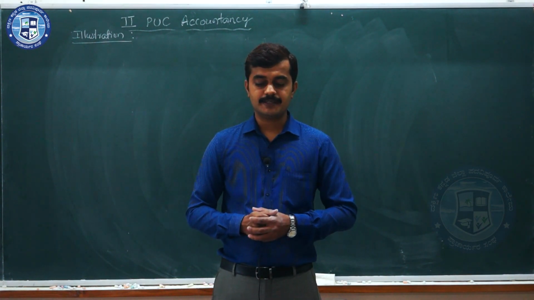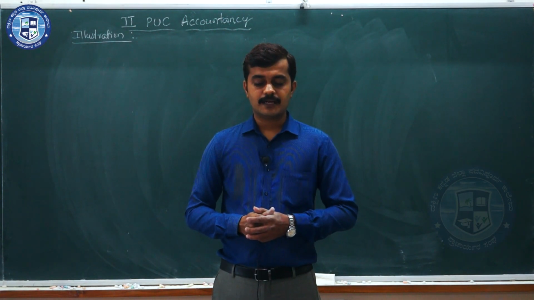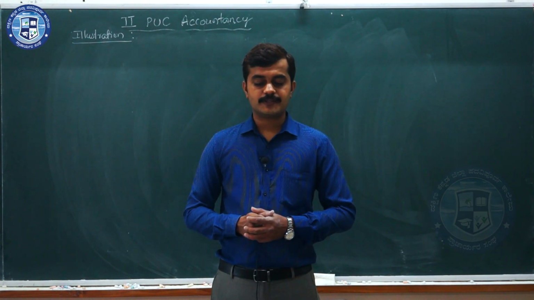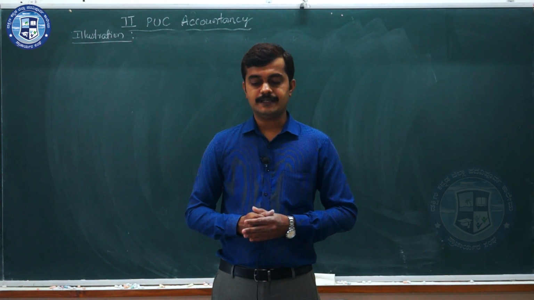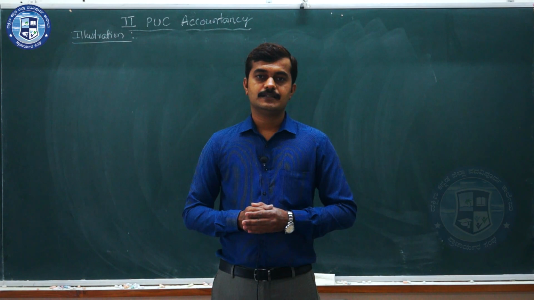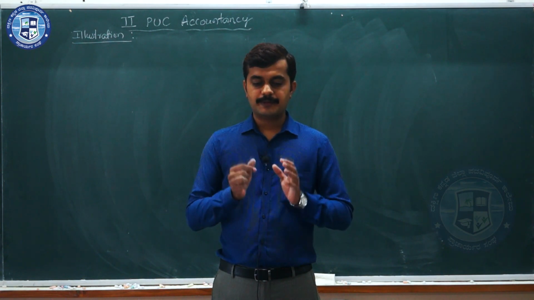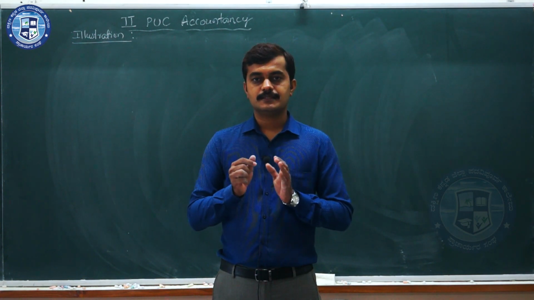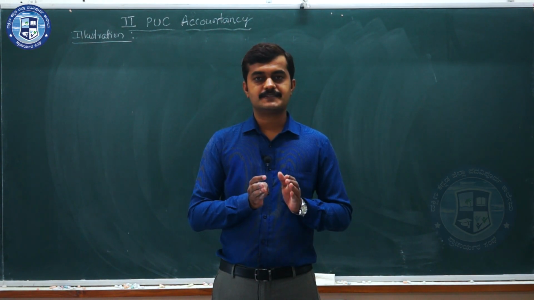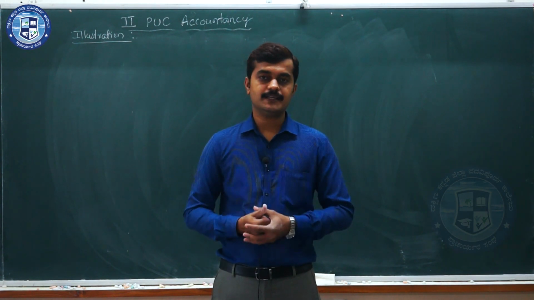Salary to Samir 20,000. Commission to Samir 10,000 and to Yasmin 7,000. Share in loss for the year 2014-15, Samir 60,000 and Yasmin 40,000. So, this is the question. So, we have to prepare partners capital accounts under fixed system as well as fluctuating system.